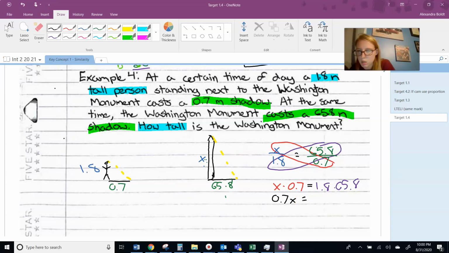When I typed it into a calculator earlier, I got 118.44. I can pretend like I'm just doing it in my head, but I'm not. Solving for x, so I'm going to divide by 0.7.